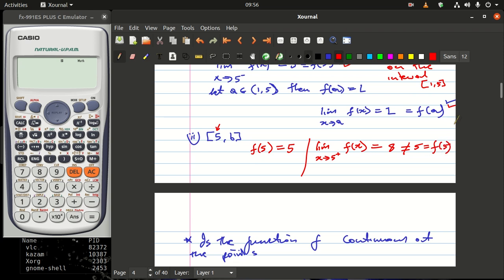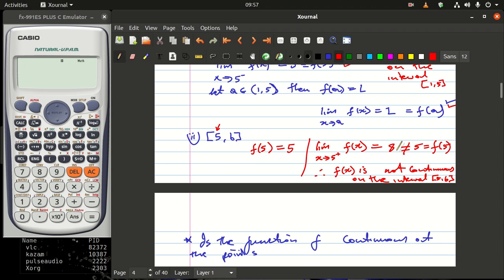Therefore, because this condition alone is not satisfied, you can conclude right away that f of x is not continuous on the interval 5 to 6, because the limit at the endpoint is not the same as the function value.